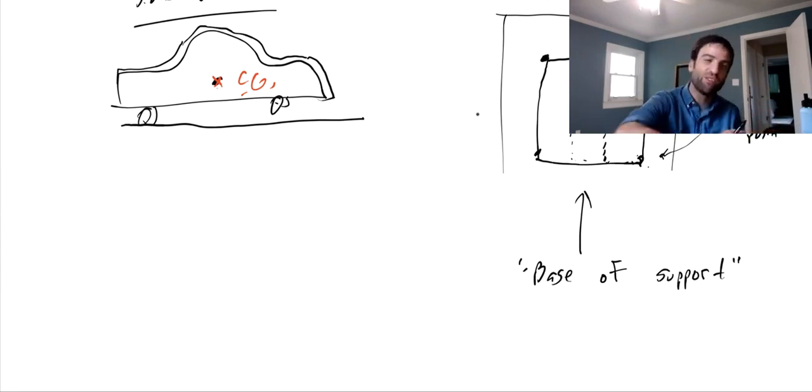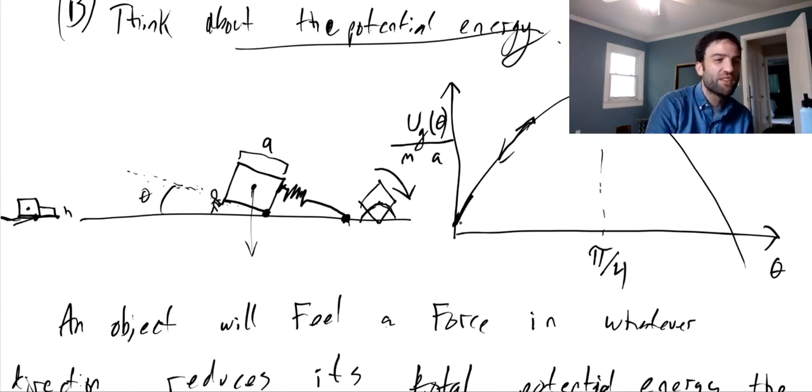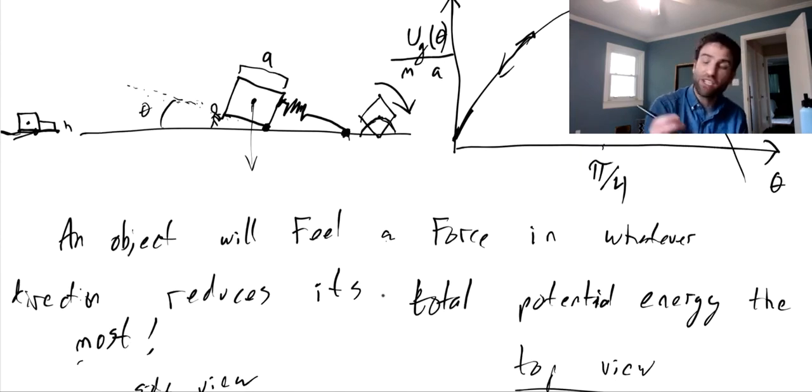And that means you will increase its potential energy. Ultimately, it comes from this idea that if any nudge you do increases the potential energy of the object, because objects feel a force in the direction that reduces the potential energy the most, it'll feel a net force or net torque pointing it back to where it started.